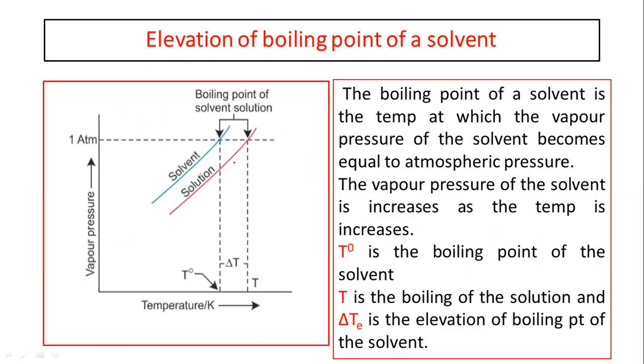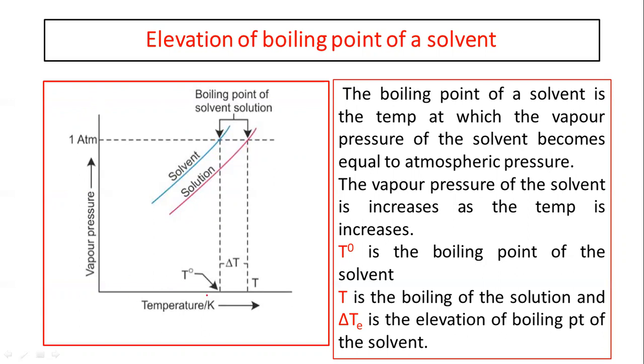So the vapor pressure of the solvent increases as the temperature increases. Now you can see the graphical representation. This is the graph of vapor pressure versus temperature, for solvent and for solution.